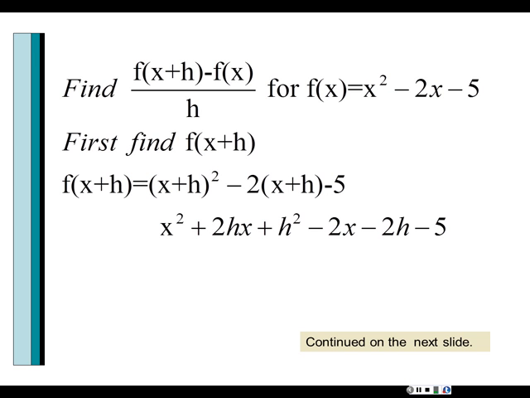You can probably either get it from the formula a plus b whole square, or just multiply x plus h times x plus h, and then the remaining part you will get from there. So this is what you have for f of x plus h. Anyone has any question? We are not done yet. We just got f of x plus h.